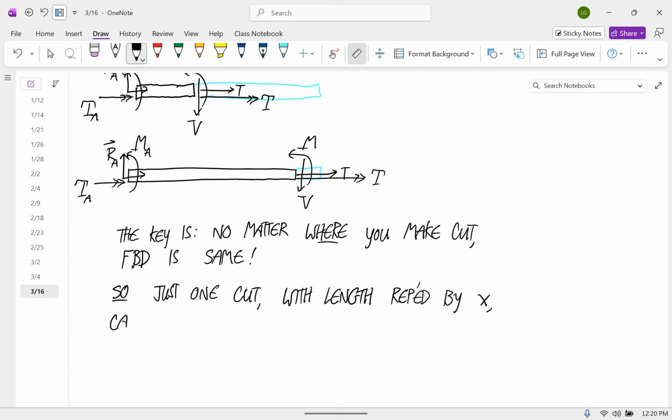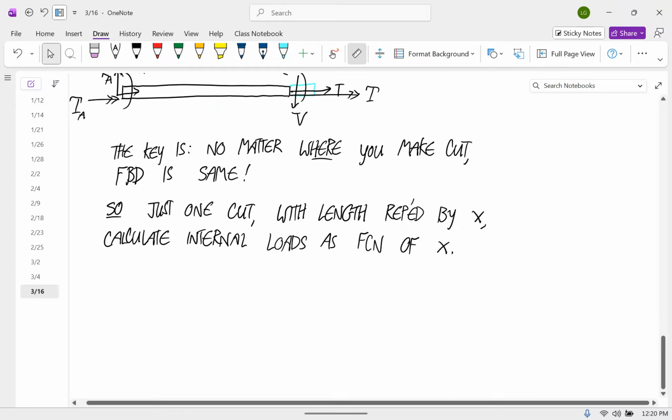And calculate the internal loads as a function of x. Okay, so that's the idea.